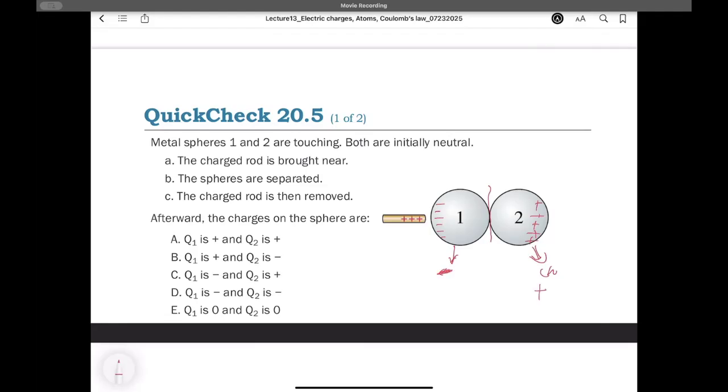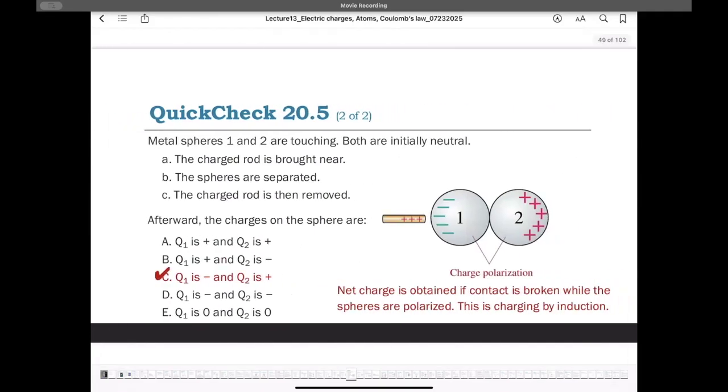Does it make sense to you? So Q1 is negative, Q2 is positive, and then you remove this one. It doesn't matter, it will keep this situation. Okay, so the answer is C.